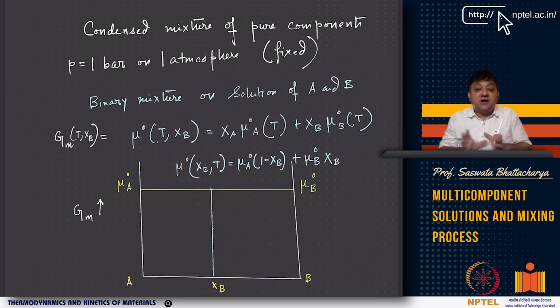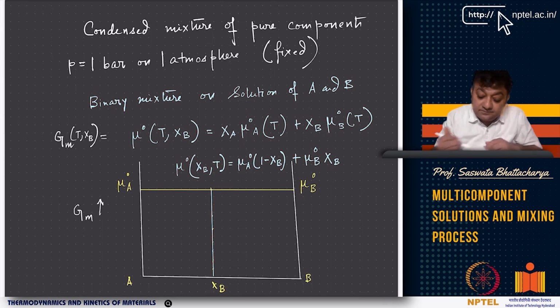If it's a solid or liquid type of mixture, then you have to remember that we keep pressure fixed at 1 bar or 1 atmosphere. Once you keep pressure fixed, you can define molar properties or partial molar properties of the components in terms of only temperature, because pressure is fixed, right?